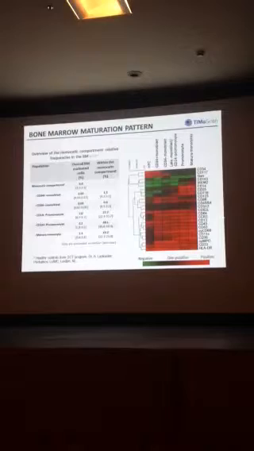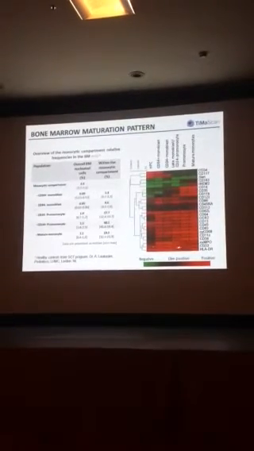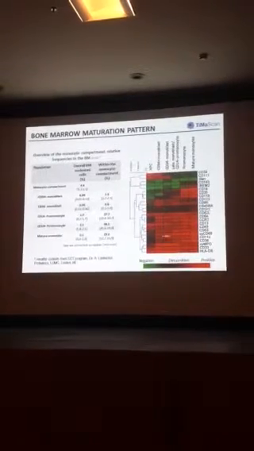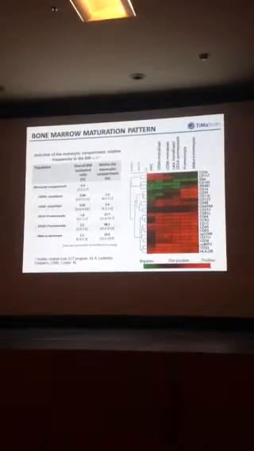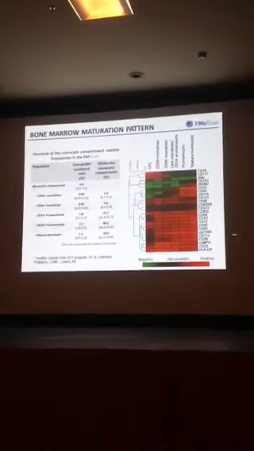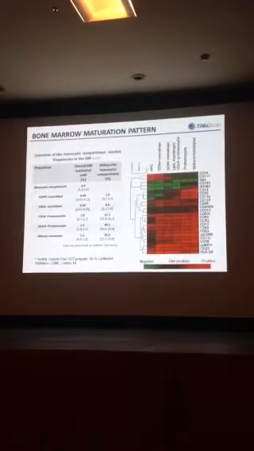Other markers like CD62L are pretty stable, CD33 pretty stable, cytoplasmic 68 pretty stable, 11C is progressively increasing in the maturation like CD45.